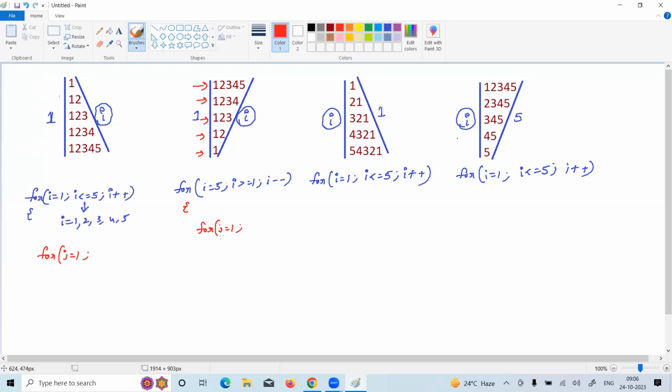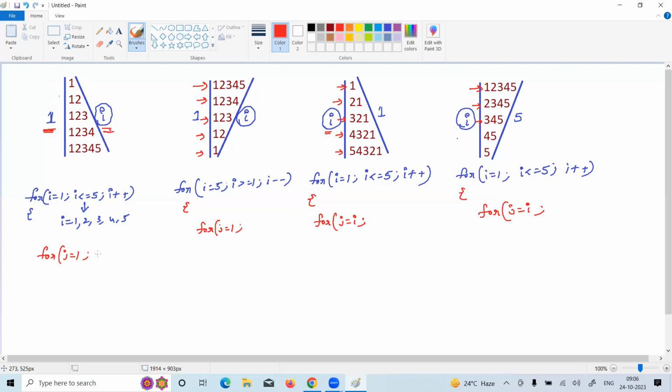But here every row starting with a different value, that is I. So for J value starting with I. Okay. Next, what is the ending? See, starting with 1, ending with I.